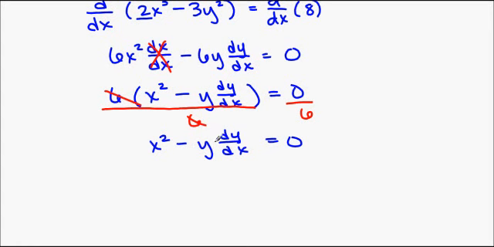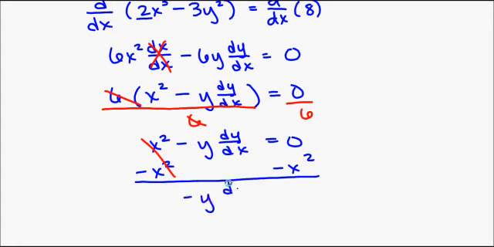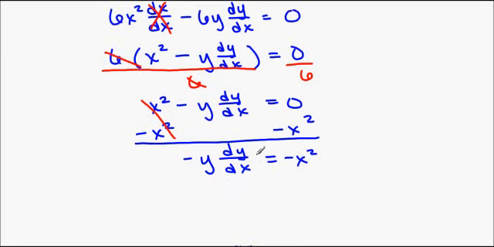Okay, and I know I'm trying to get this dy dx by itself, so I'm going to subtract x squared from both sides to cancel. So negative y dy dx equals negative x squared. So to get this by itself, we're going to divide both sides by negative y.